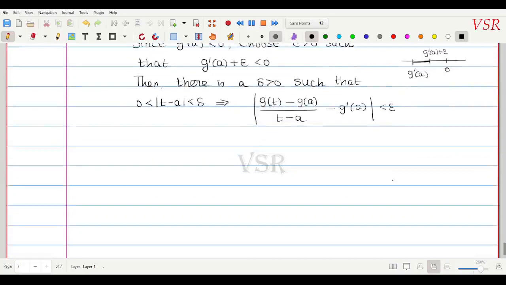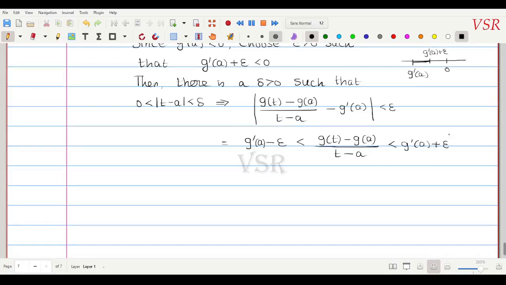அப்ப இதை எப்படி எழுதலாம் அப்படின்னா this implies that minus epsilon க்கும் plus epsilon க்கும் இடையில. I may write this is minus epsilon. இது ஒரே லைன்ல எழுதட்டுமா? I may write this is g dash at a minus epsilon less than g of t minus g of a divided by t minus a which is less than g dash of a plus epsilon. அப்படி எழுதலாமா? ஒன்றும் இல்லை, modulus குள்ள value I have just applied modulus.